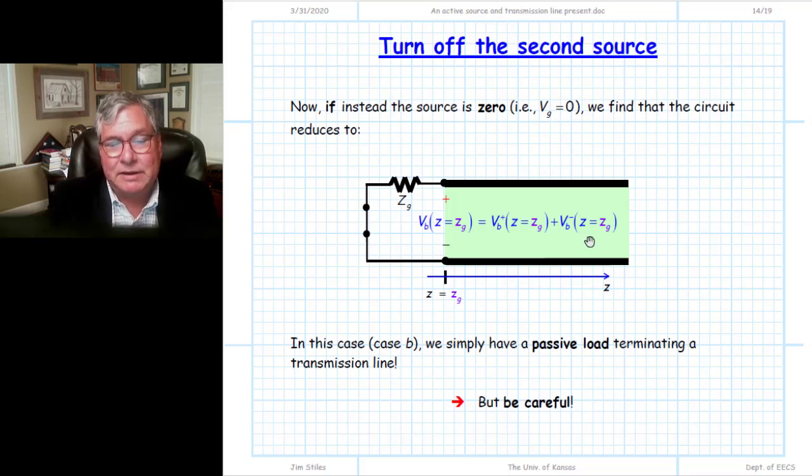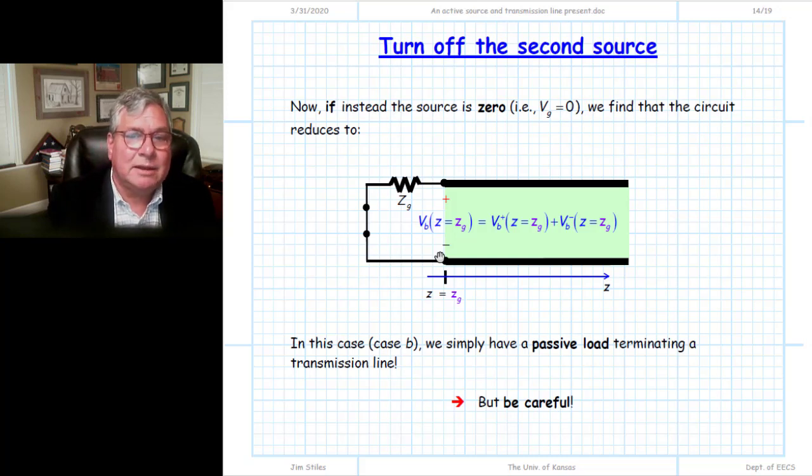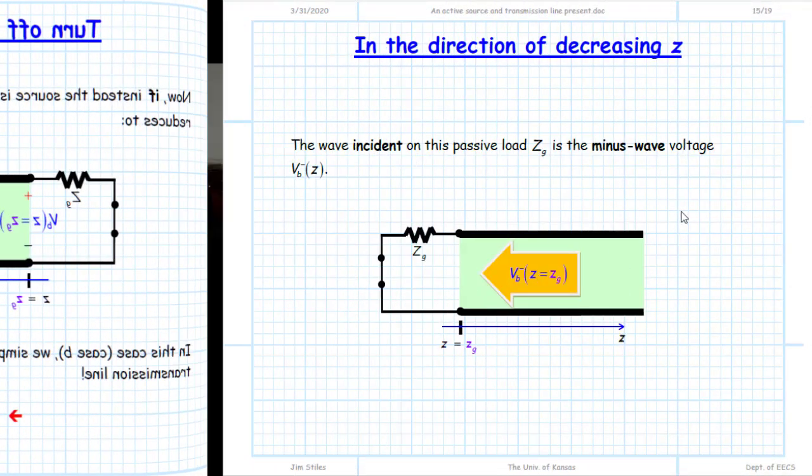And both these waves now we assume to be non-zero. The minus wave voltage will create this plus wave voltage V plus, and since both are present, then they must be added together to determine the total voltage here at the beginning of the line. Again, this looks very much like a terminated transmission line problem, and it is, but there is one slight mathematical artifice that you need to be aware of and be careful of.